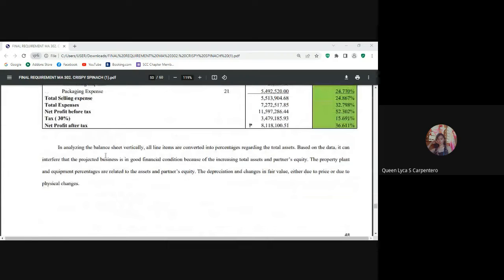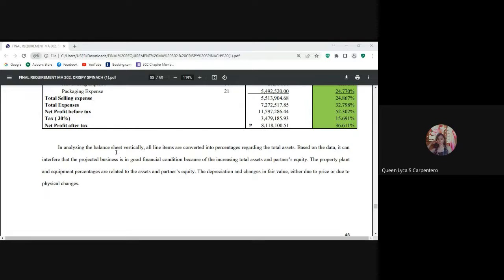So in analyzing the balance sheet vertically, all line items are converted into percentage regarding the total asset. Based on the data, it can be inferred that the projected business is in good financial condition because of the increasing total asset and the partner's equity.